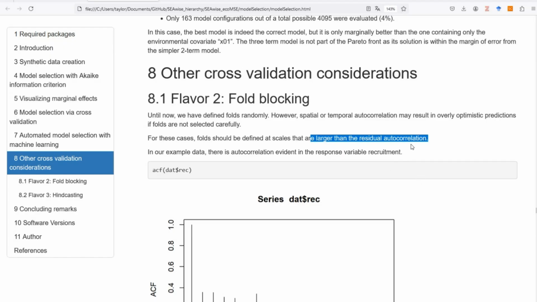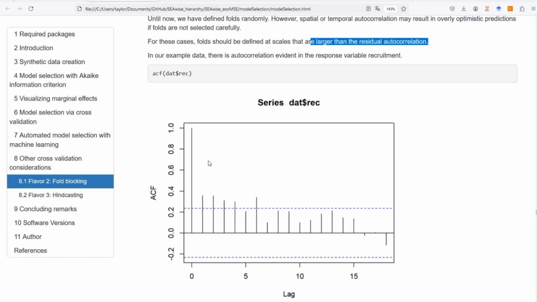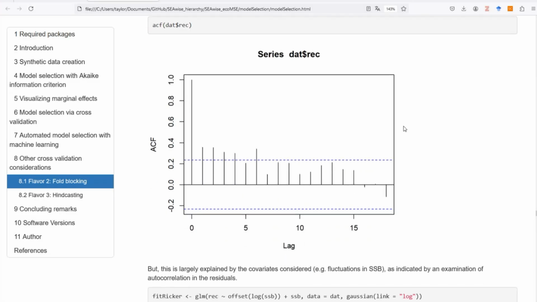the model fit. So if we look at our response variable, we do have autocorrelation occurring in the recruitment time series, but as far as I understand, this is not the actual criterion that you want to use for determining if a blocking strategy should be used. It's rather what's left over after you fit your model.